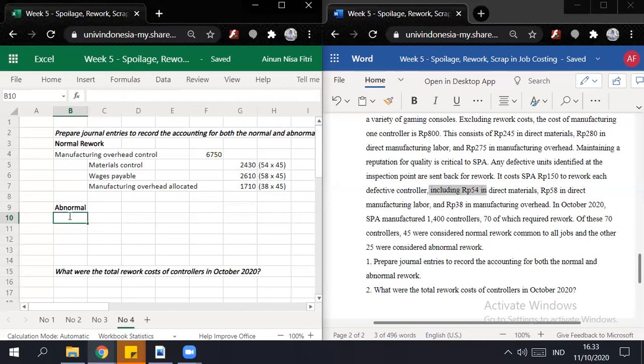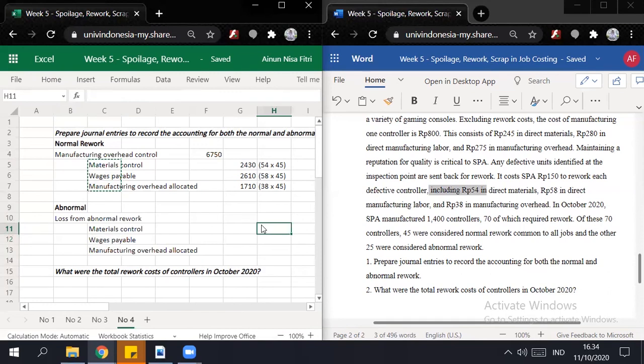And then the second one is for abnormal rework. So for the abnormal rework, we will recognize it as loss from abnormal rework. While for the credit side, it is the same as when we do journalizing for normal rework. But we have to calculate it once again because the total of abnormal rework is not the same as the normal rework.